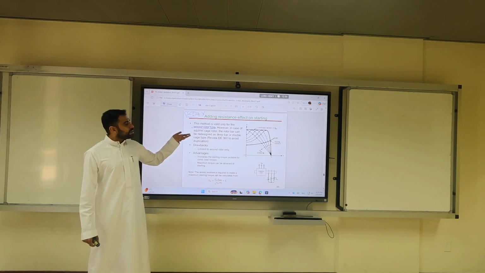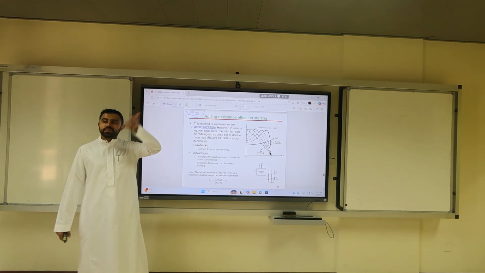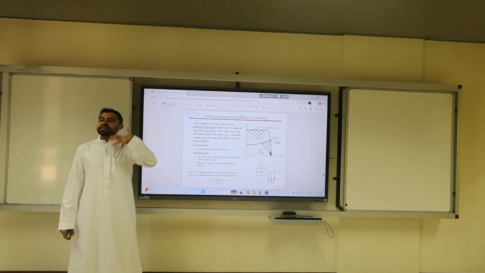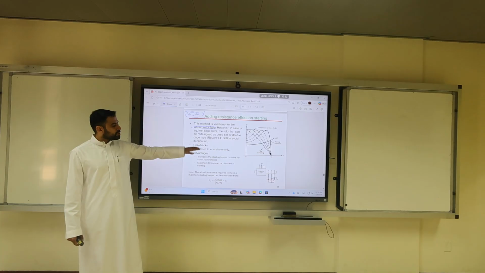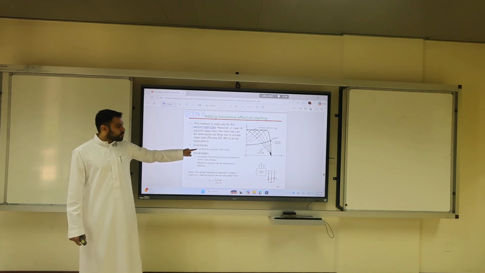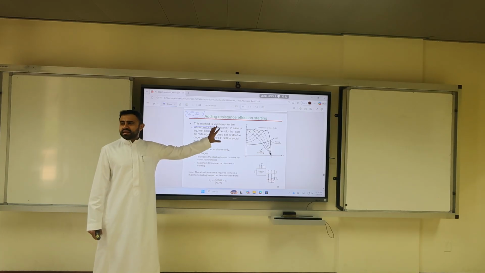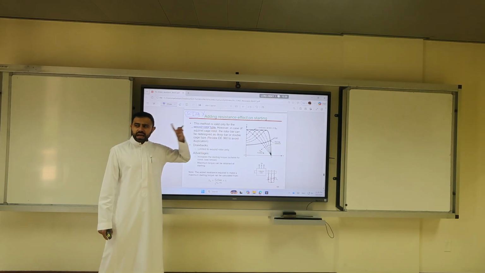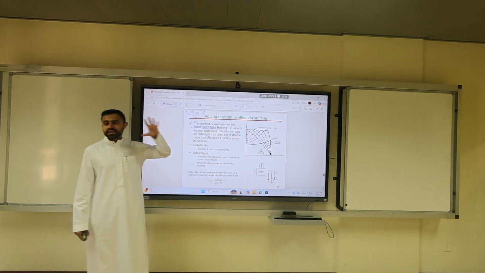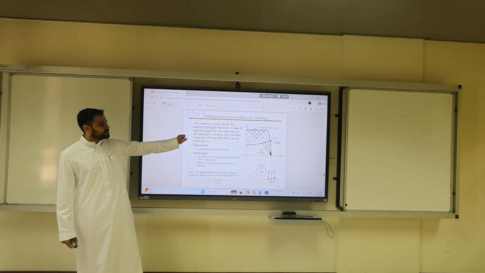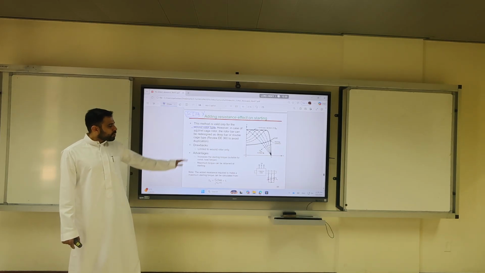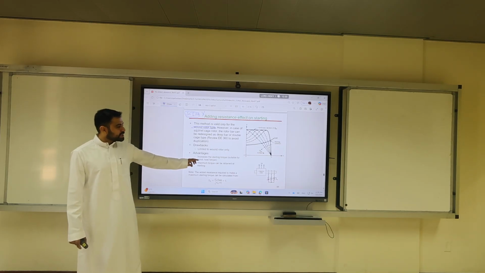So a rotor bar has to be redesigned to increase the effective resistance for such applications. This is in EE360. I think some of the classes talked about it, and some of the classes did not talk about the double cage. What are the advantages? We increase the starting torque.